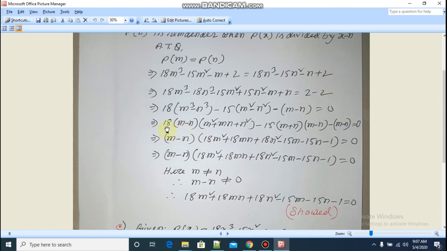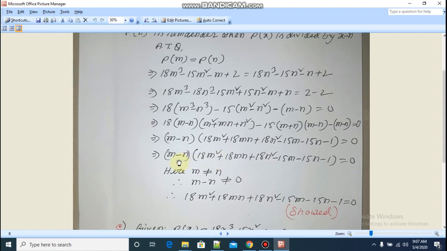Then we get 18m squared plus 18mn plus 18n squared. Here m plus n is common. Then minus 15m plus 15n. Sorry, 15m minus 15n minus 1, because m minus n is the common part.